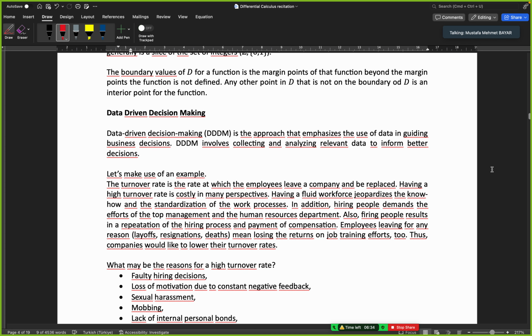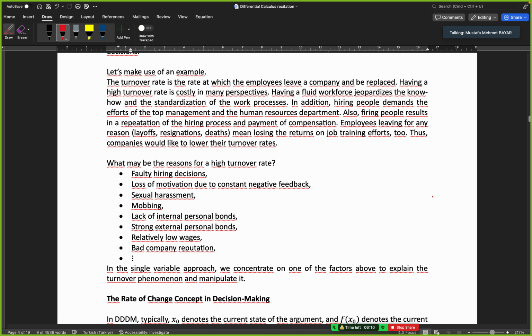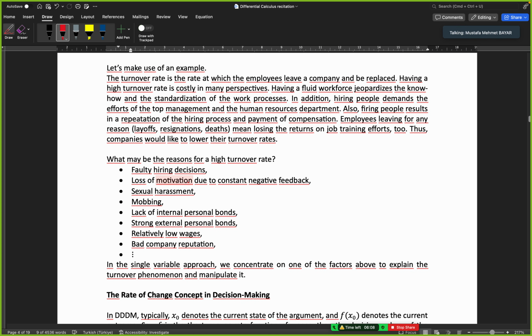Then I have a small section about data-driven decision making here, or in short, DDDM. So data-driven decision making is just using data to make better decisions. That's it. And let me just remind you the turnover rate example. So what may just explain the turnover rate?